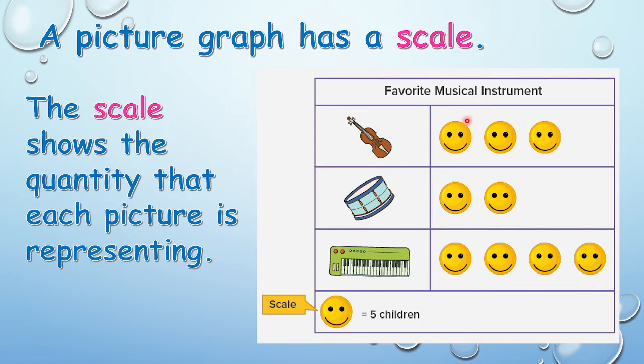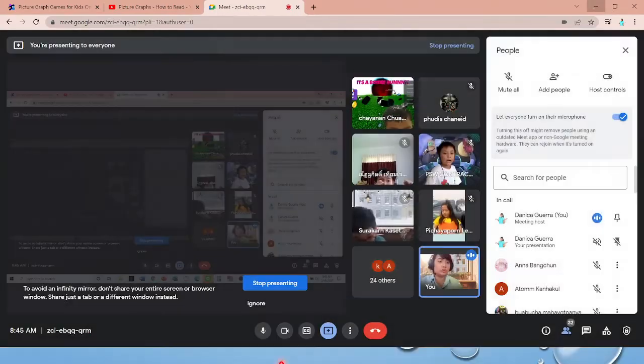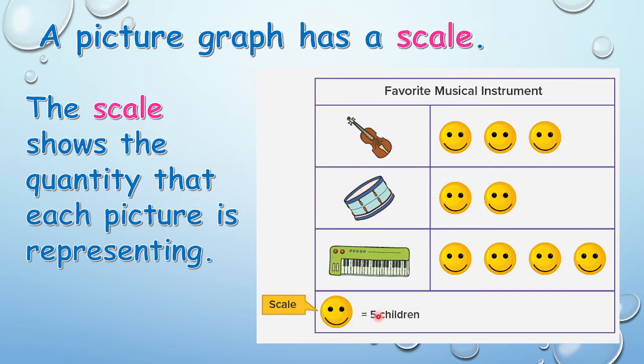So every time you count the smiley face, you will count by 5. It's 5, 10, 15. These three smiley faces are equal to 15 children because that is the scale. The scale shows you that 1 is equal to 5. All right? The scales differ in every picture graph.